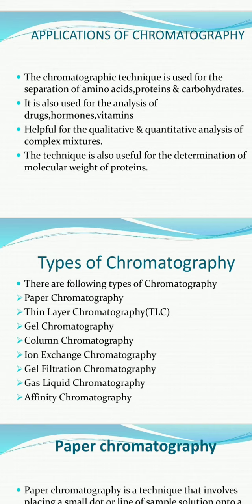So these proteins and amino acids contain either positive or negative ions. This type of chromatography is therefore used for the separation of amino acids as well as protein molecules in substances.